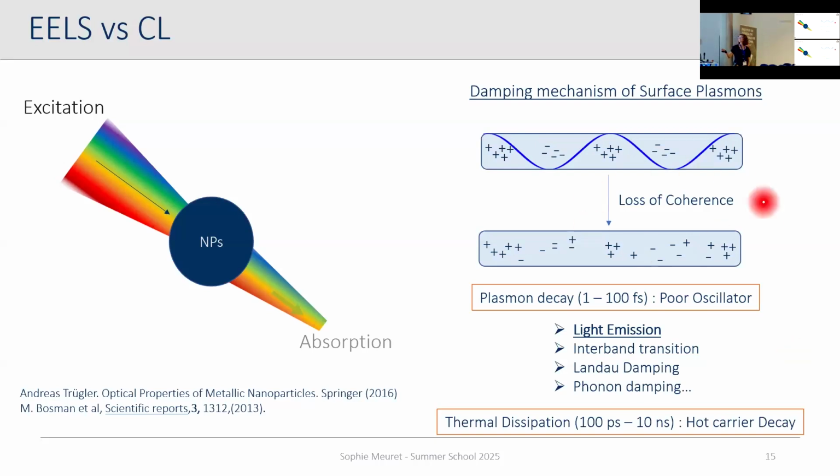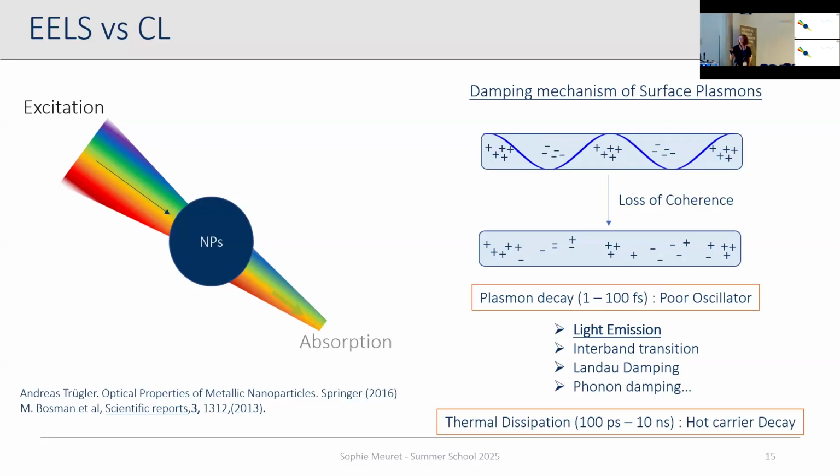And what can happen for this loss of coherence is either emission of light, interband transition, what we call Landau damping, or phonon damping. When it happens, then of course, after you have thermal dissipation, and this is where our nanoparticle heats.